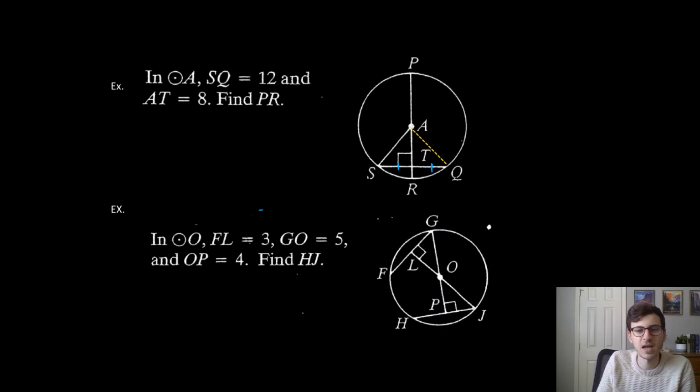Since that's bisected, this point right here, that's 6.